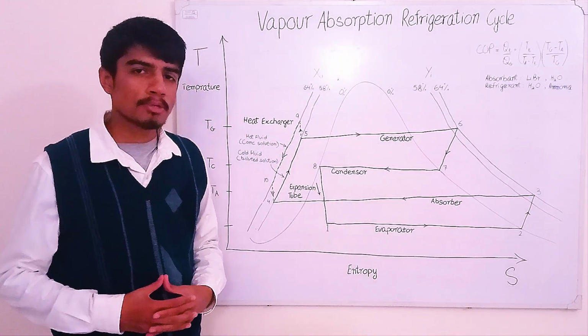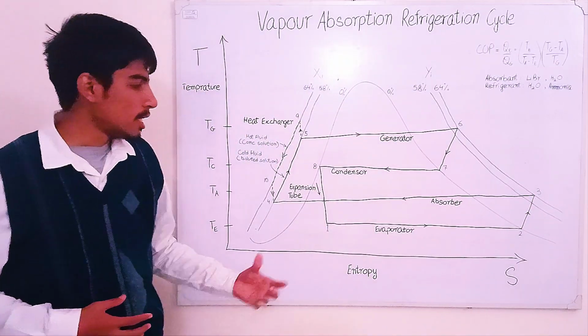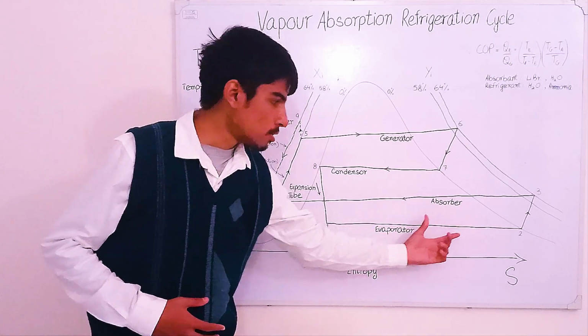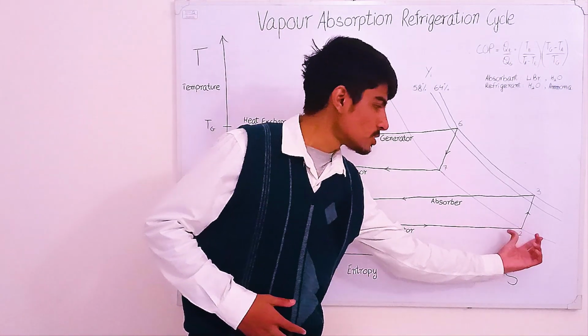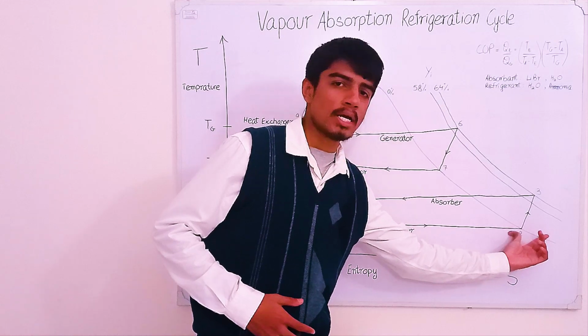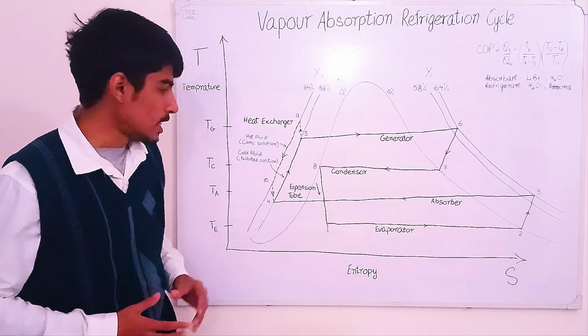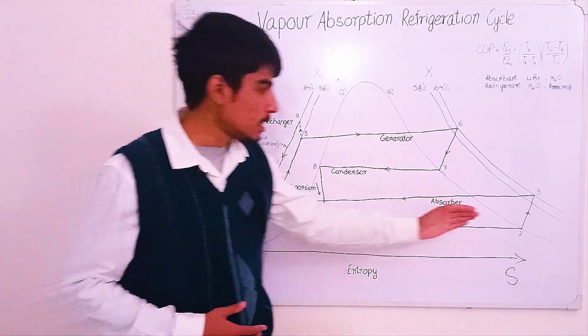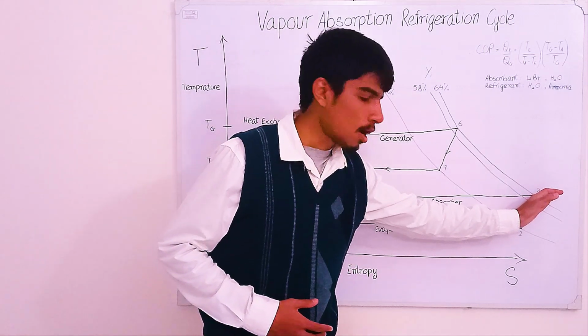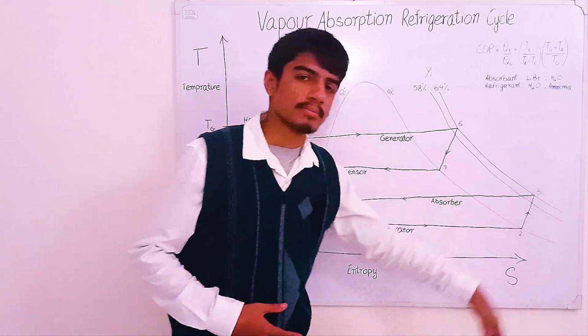During this heat absorption process, the temperature of the refrigerant remains constant until it reaches the saturated vapor state. After that, the temperature starts increasing until the outlet of the evaporator.